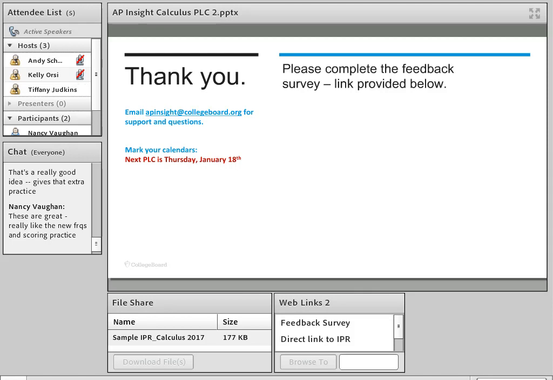And if you have been a participant on this one, we encourage you to fill out the feedback survey that's embedded in the link pods below. It says feedback survey. It'll take you to a SurveyMonkey page. It's anonymous unless you'd like to include your own contact information, your name or contact info. And we'd really encourage you to especially answer the questions about not just how this session was for you, but also which of those topics that are listed or other topics would you like us to address in future PLCs?